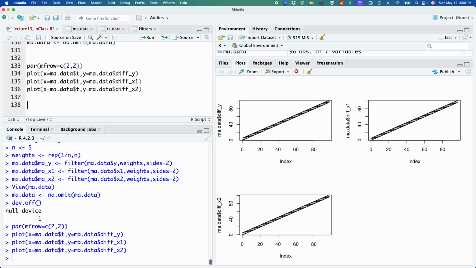And when you do regression, the regression model on moving averages doesn't always look this smooth, but that is a feature of moving averages, right? As I was saying, it tries to smooth things out.